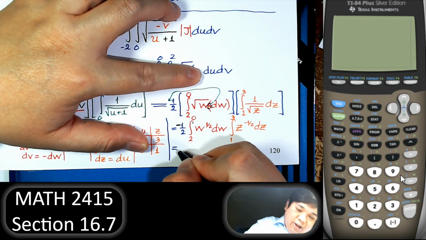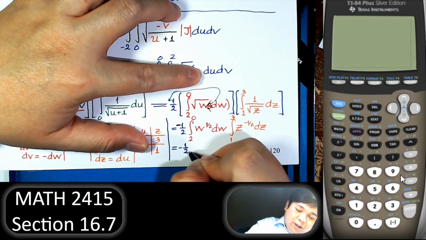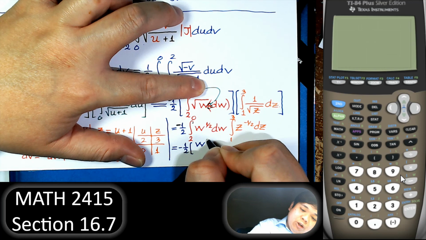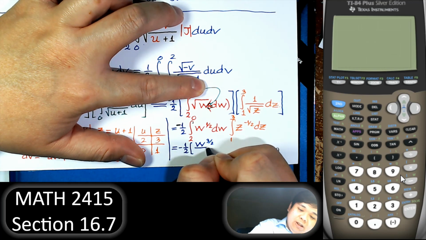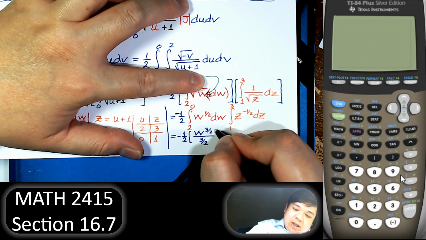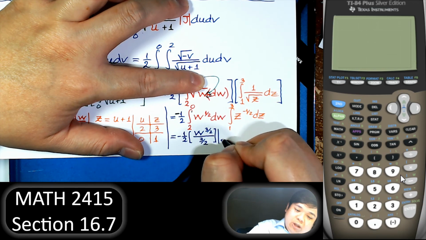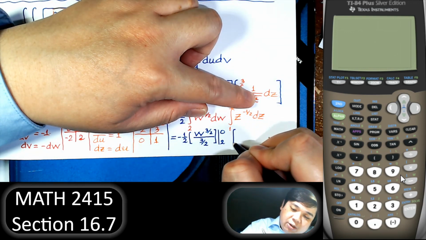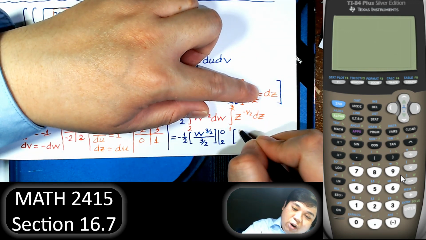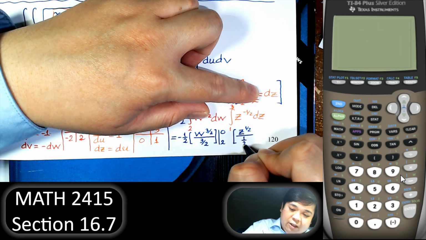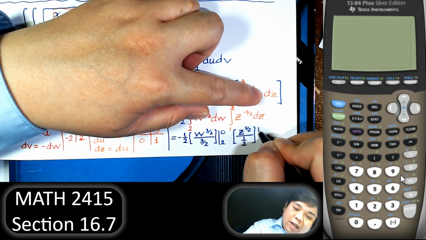Right, so we have negative 1/2. Integral of w to the 1/2 is w to the 3/2 over 3/2. That goes from 0 to 2. And then the other integral, z to negative 1/2, integral is z to the 1/2 over 1/2. That goes from 1 to 3.